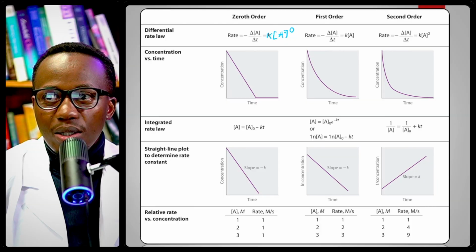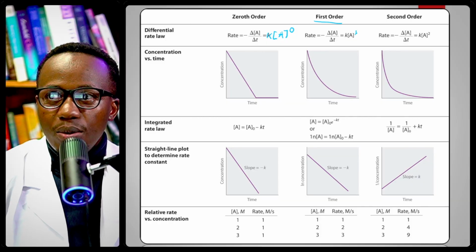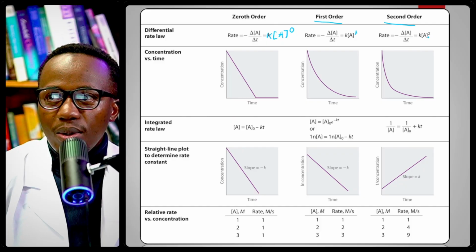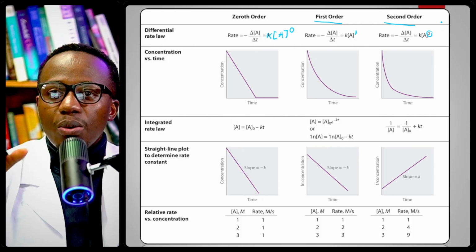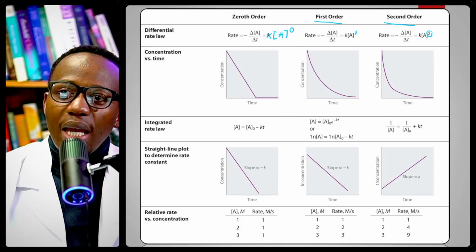And guess what? A to the zero is 1, so the rate is going to be equal to k. First order reaction, the rate is going to be equal to k times A to the 1, which is first order. Second order reaction, the rate is going to be equal to k times A squared. So they're going to behave differently.